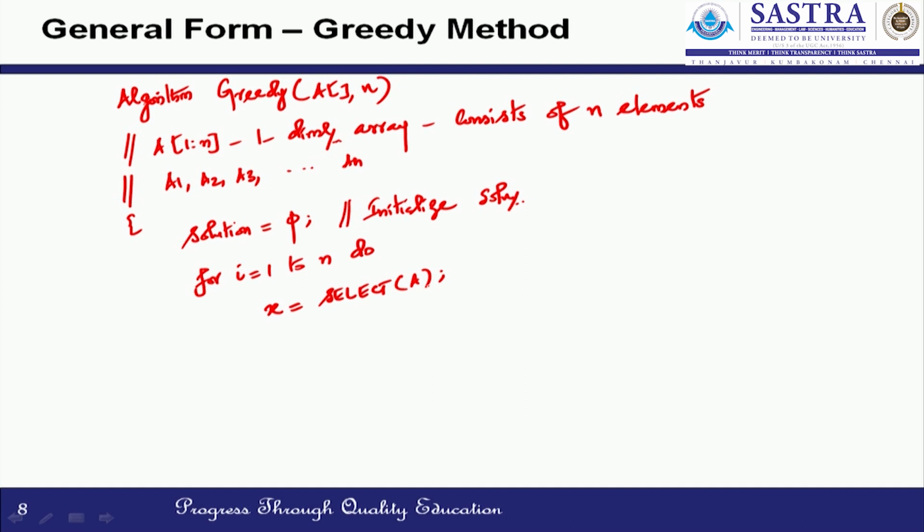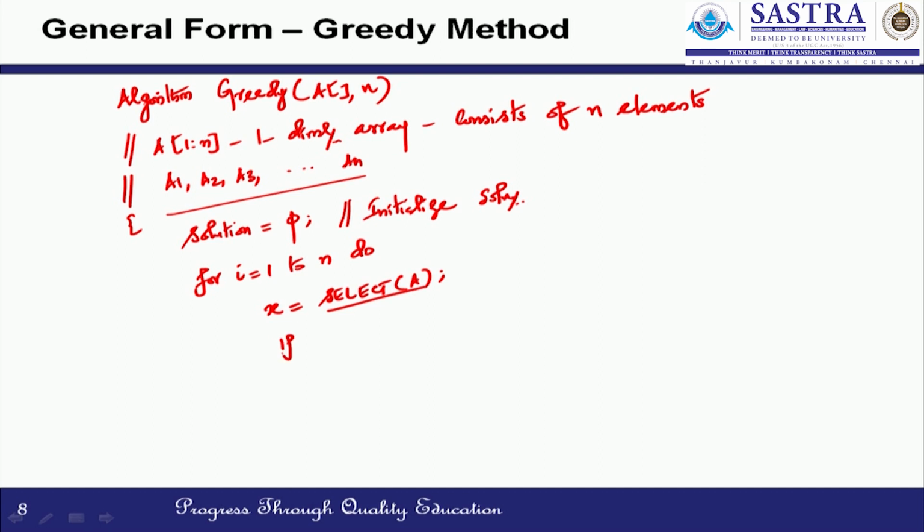Actually, that can be any input, but only one input is taken. So select of A is a built-in function or a user-defined function that selects one input from the input list A1, A2, A3, etc., An, and it is assigned to the variable x.